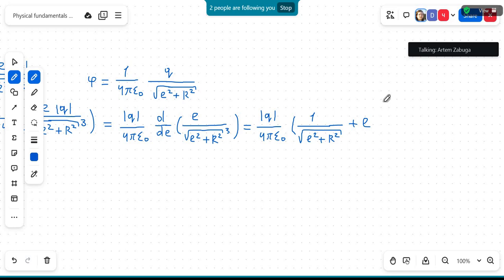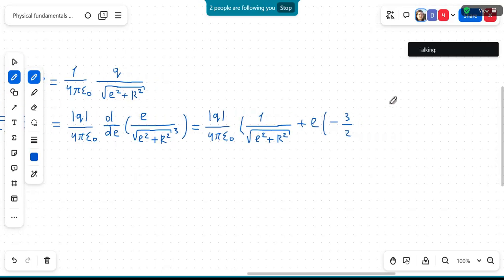A square root to the power of 3 in the denominator is the same as the value to the power of minus 3 seconds. So this derivative will be minus 3 divided by 2, times 1 divided by the square root, to the power of 3 seconds minus 1, which is minus 5 seconds.